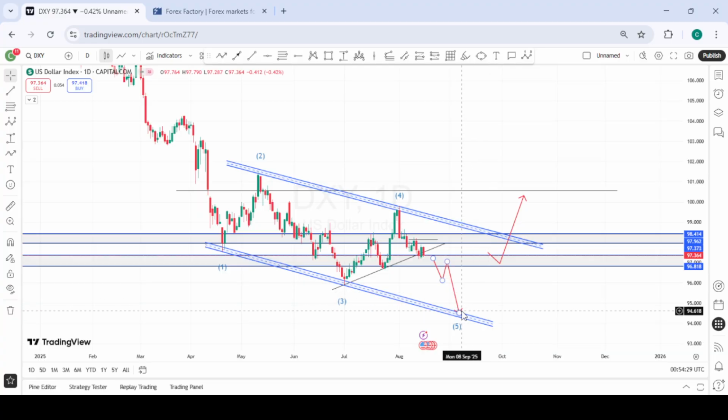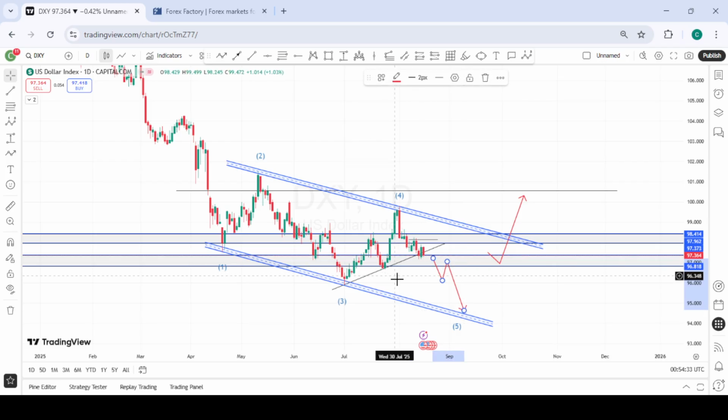For this wave 5 formation, we can also have a truncation, where price can just truncate and give us equal lows or relative equal lows here, and we might see a possible double bottom, which is going to be a very huge double bottom on the weekly or the monthly time frame.